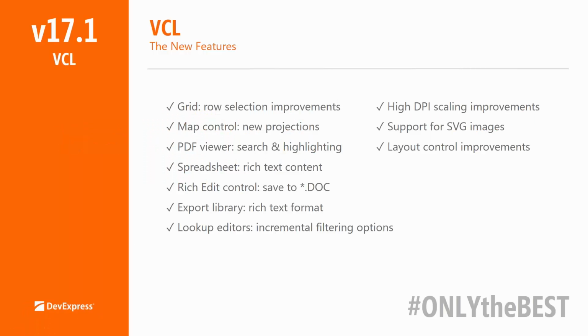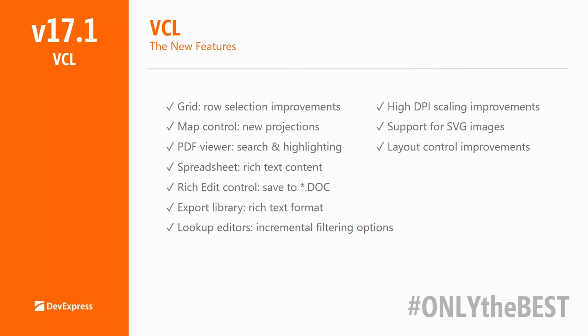VCL. So lots of smaller improvements this time. There are no new controls. But when I say smaller improvements, I actually mean they're quite important. There are some interesting improvements inside the controls this time around, and I should be showing some of those off in a moment.